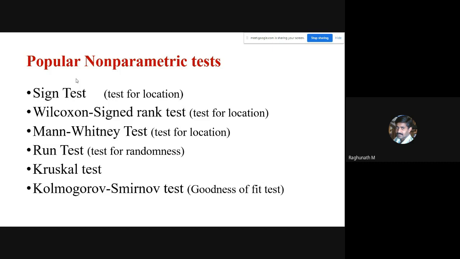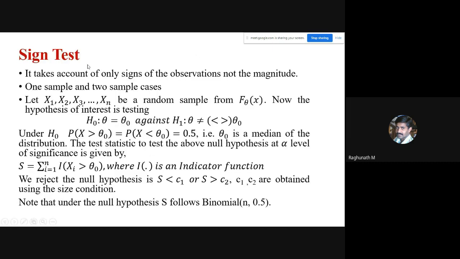So in the case of the sign test, this is what happens in one sample. Suppose X1, X2, X3, ..., Xn is a random sample from F(theta). I don't know what this F is. Now the hypothesis of interest is H naught: theta equals theta naught. This theta naught is called a hypothetical value, and it has to be given by the researcher.